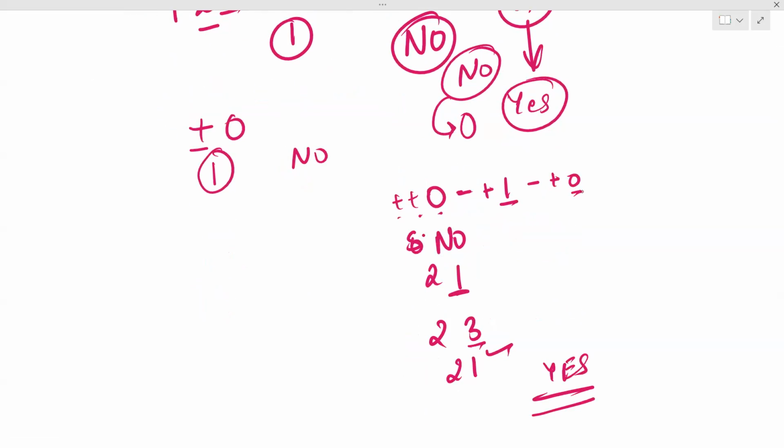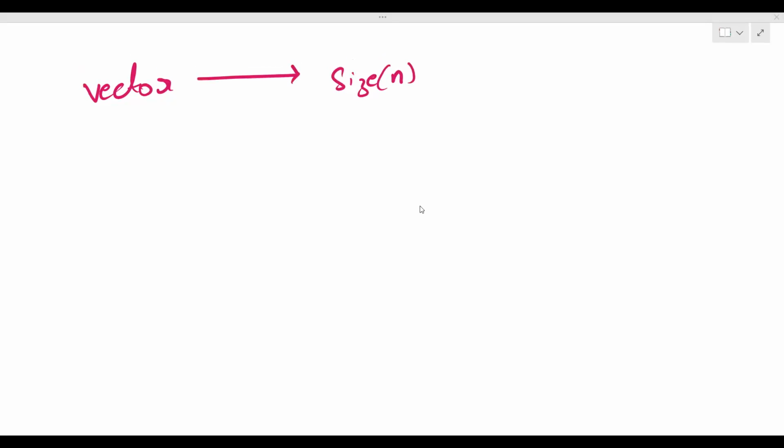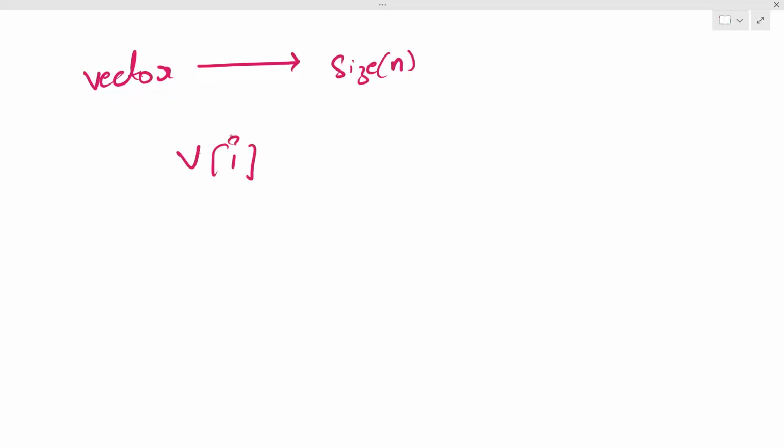So now how to actually solve this? See what I'm doing. At this position, I'm only checking. Along with my string, I'll maintain a vector of size n. And let me tell you what this vector will give me. Initially everything in this vector will be 0 only. So 0 means if v of I is 0, that means I don't know whether at this point my vector is completely sorted or not sorted.